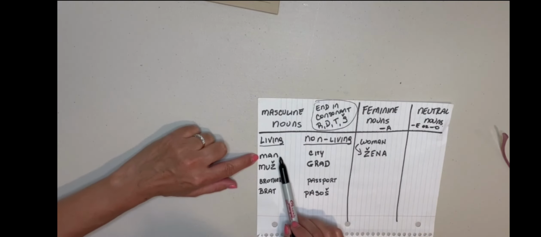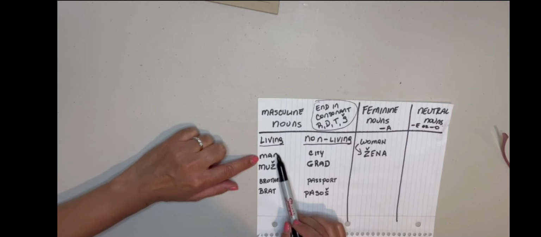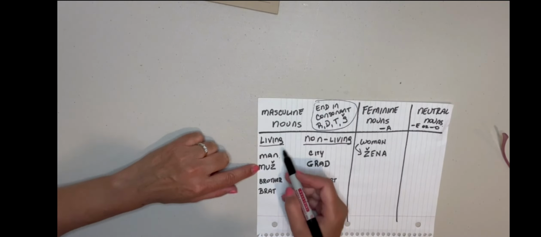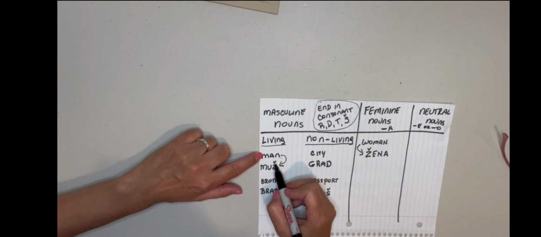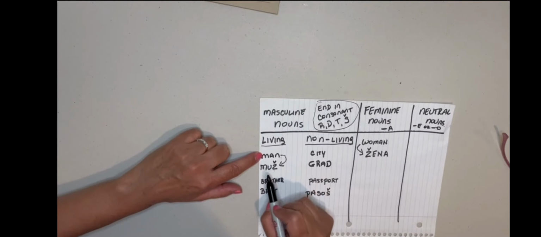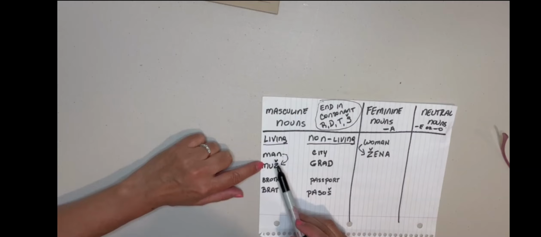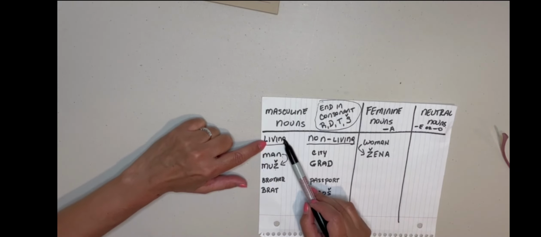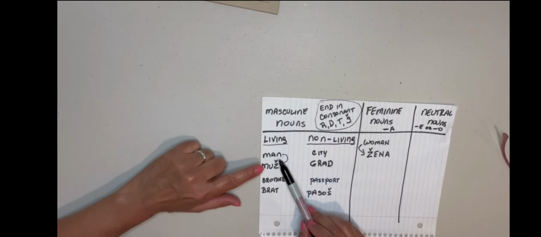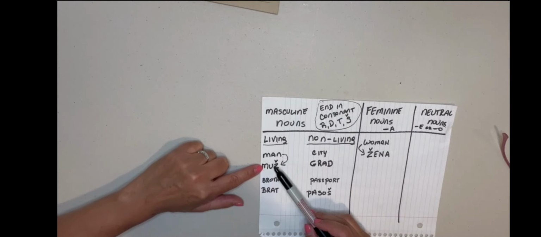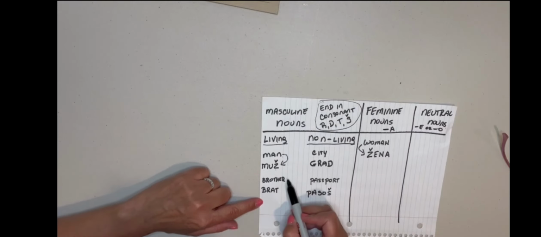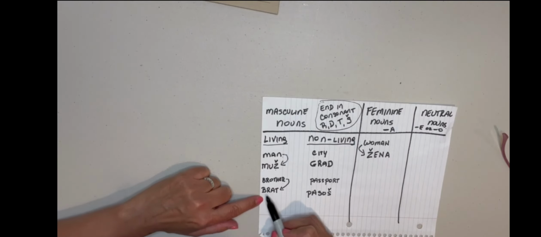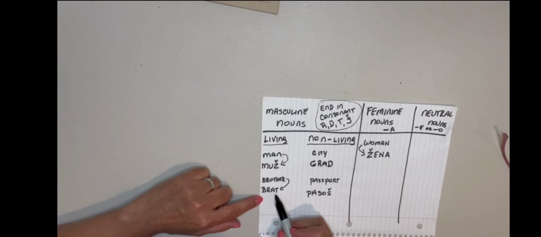The word man in English, in Serbian, it's muž. M-U-Z with the V on top, and this makes a zh sound. So man is a living masculine noun. Another living masculine noun example is brother. The word brother in Serbian is brat, B-R-A-T.